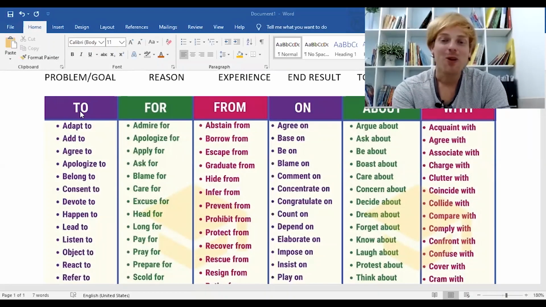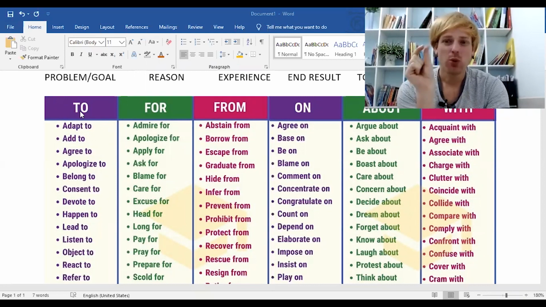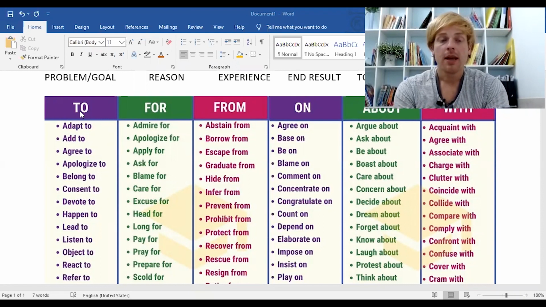Now for grammar, I wanted to highlight prepositions, the little words that we use for time, place, or order. Now prepositions are, for example, in, on, to, for, before, after, over, under. These are the little preposition words.